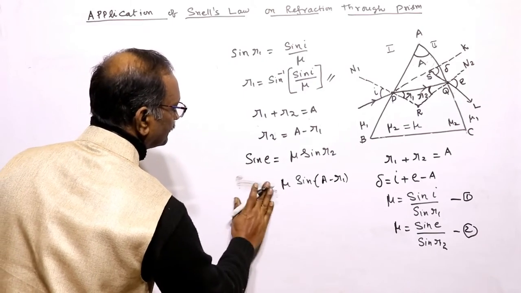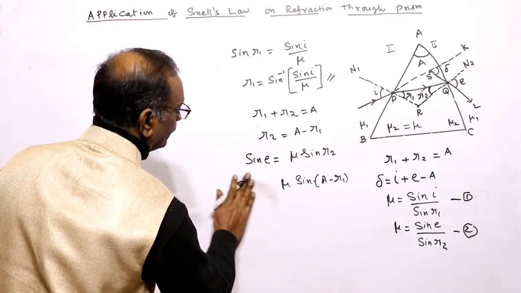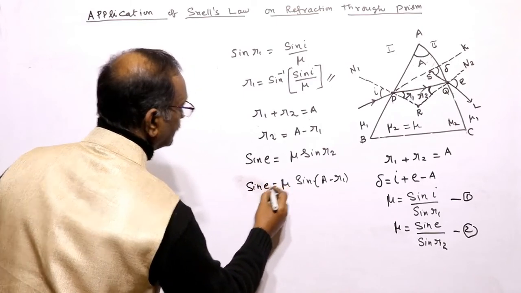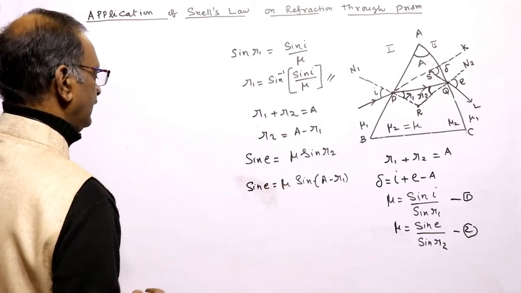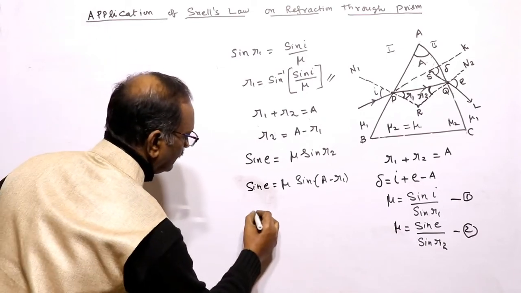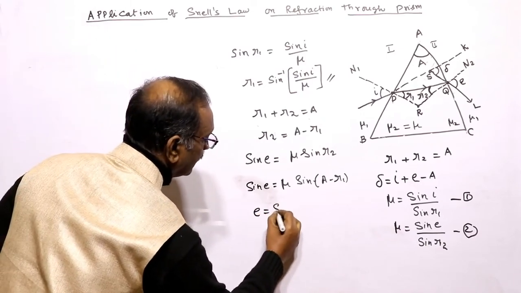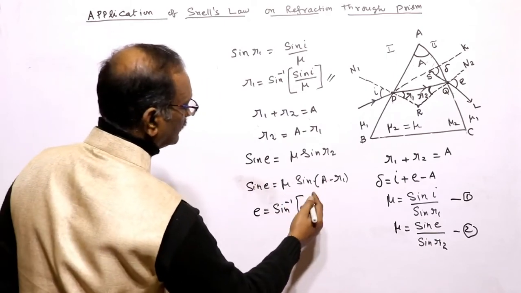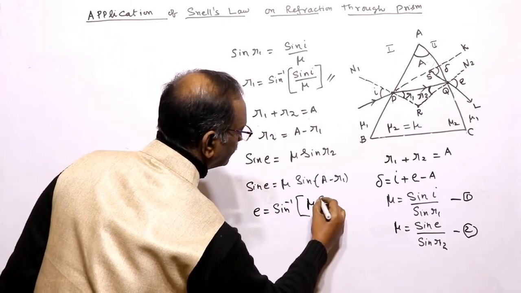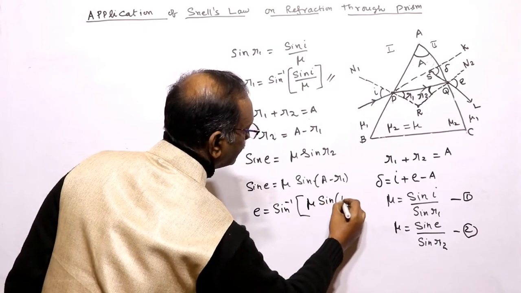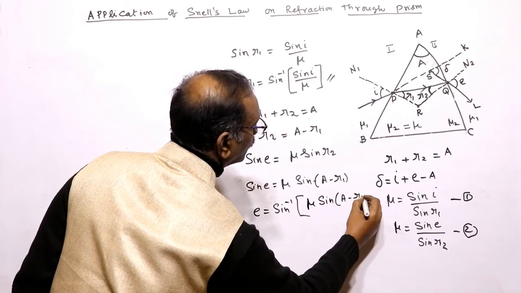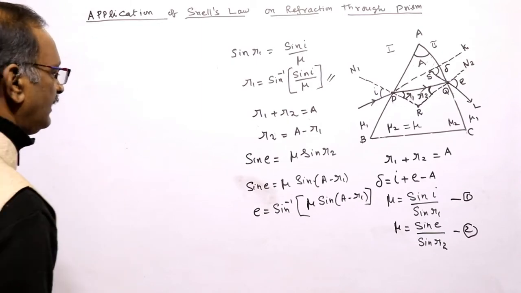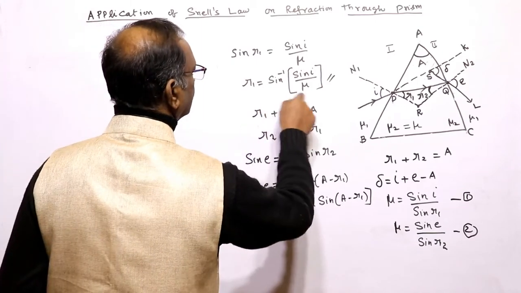Sine of E is equal to mu into sine of A minus R1, or E is equal to sine inverse of mu into sine of A minus R1. We can put the value of R1, R1 is equal to this value.